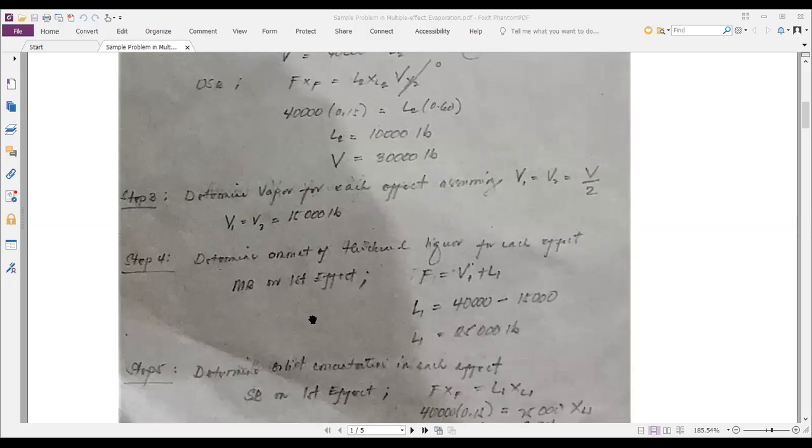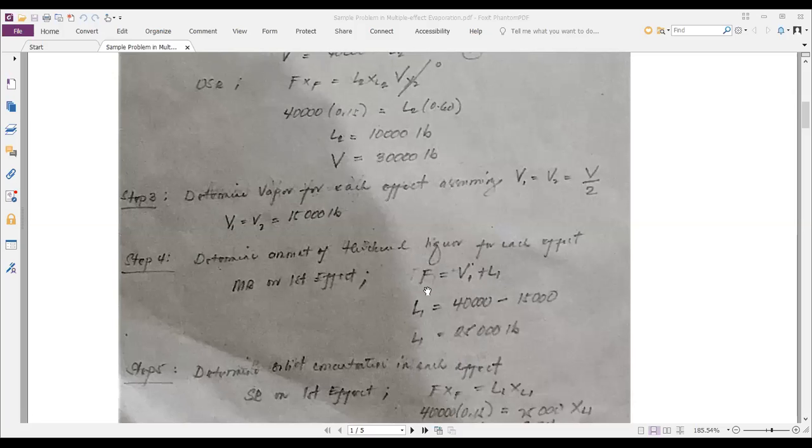Now, step 4, you are to determine the amount of the thickened liquor of each effect. Now, you have to understand, class, that this amount of thickened liquor that you are determining for each of your effects is based on this assumption. So as such, the values that you will be getting from step 4 onwards, until we go back to this one, will be dependent on this assumption. Why? Because you'll be using the 15,000 in here. So I want to know the thickened liquor coming from my first effect.